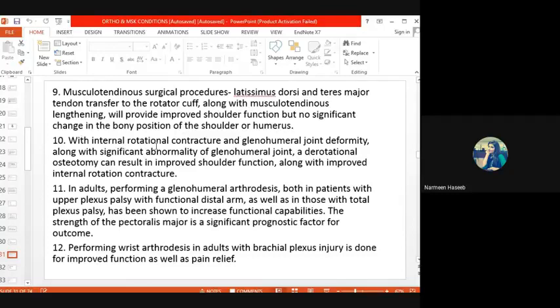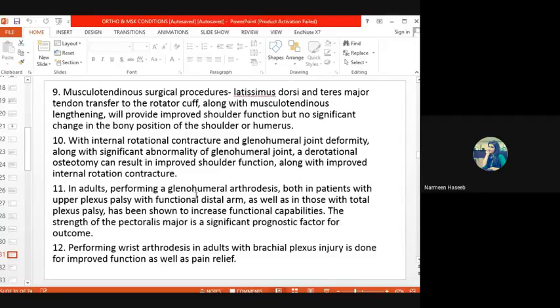With internal rotation contracture and glenohumeral joint deformity, along with a significant abnormality of the glenohumeral joint, rotational osteotomy can result in improved shoulder function along with improved internal rotation contracture.